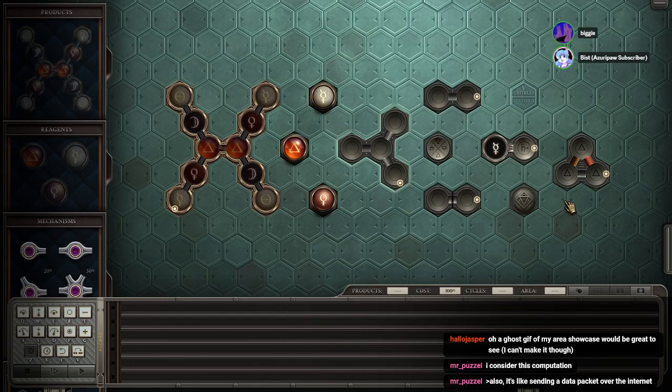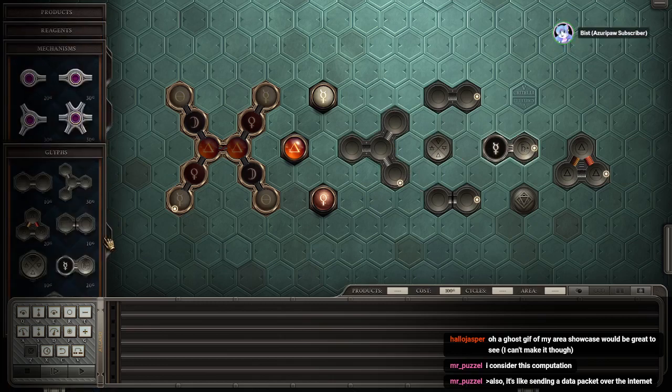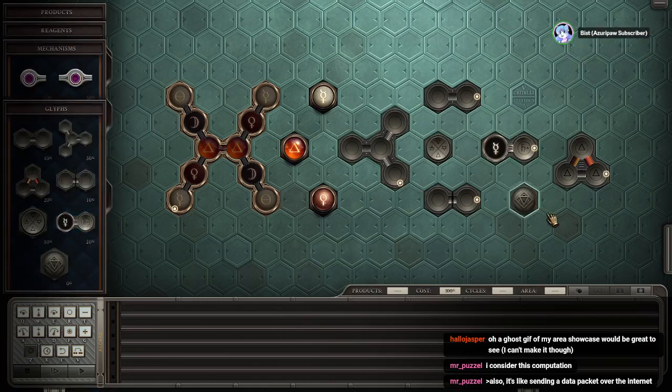The glyphs you are given are bonder, debonder, triplex bonder, calcification, and projection. No purification. And also you get equilibrium, I guess. So that is the puzzle for the upcoming week.